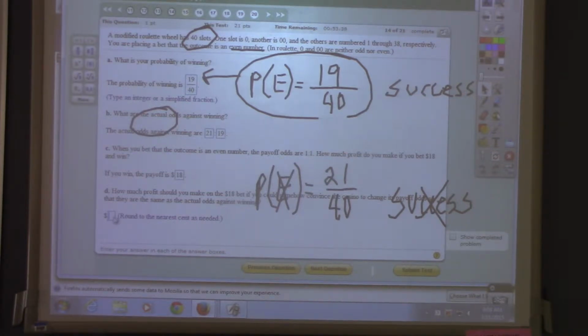All right, what's this one? 18 times 21 over 19. Somebody do that for me. Take 21, divide it by 19, and multiply it by 18. What do you get? 19.89. And that's your answer there.